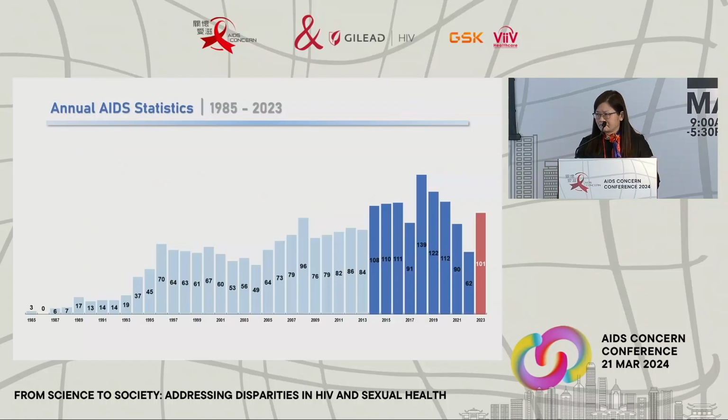Another way to look at late presentation is to look at the number of HIV AIDS cases reported. AIDS represents a very late stage of HIV infection without treatment. You can see that last year we had around 100 AIDS cases reported, which is an increase compared with 2022.